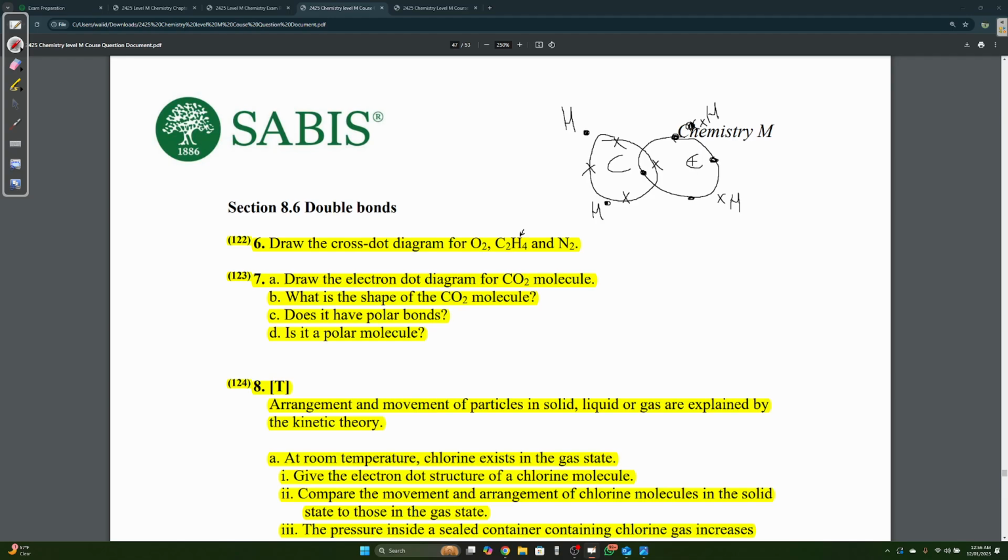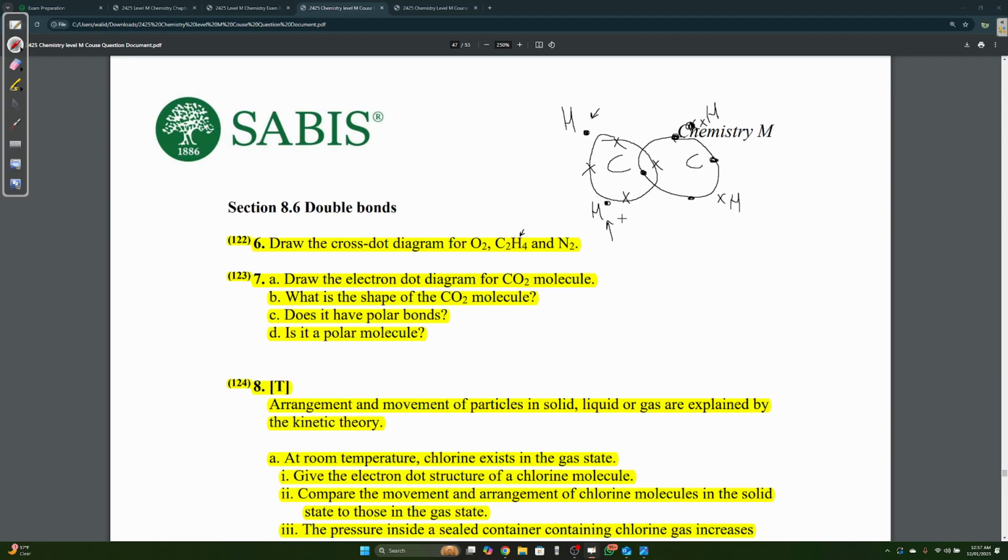Obviously, we're gonna bond. This carbon has 4, so it needs 4. It takes 1 from the hydrogen, 1 from the hydrogen here.